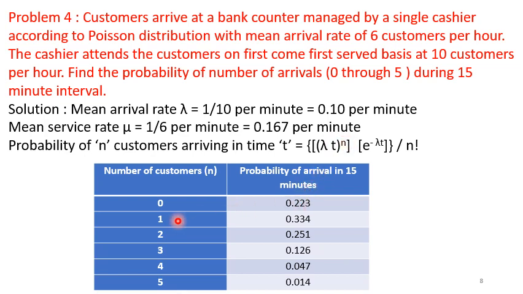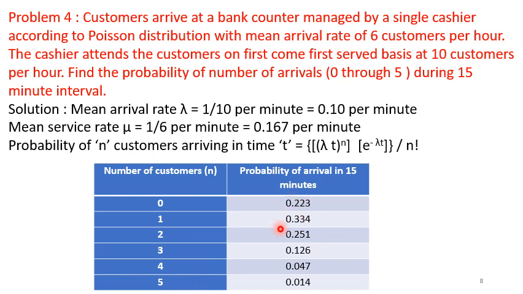For one customer arriving in the 15-minute interval, put n equal to 1, t equal to 15. Similarly for two customers, put n equal to 2; for 3 customers, n equal to 3; for 4 customers, n equal to 4; and finally for 5 customers, n equal to 5, with t equal to 15.